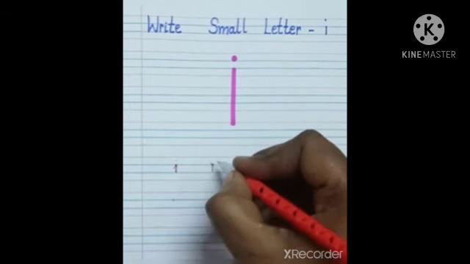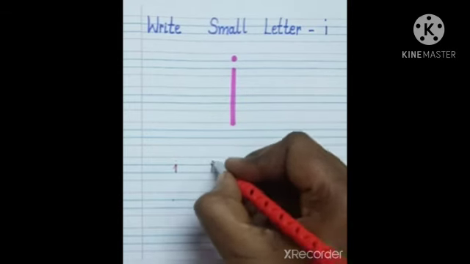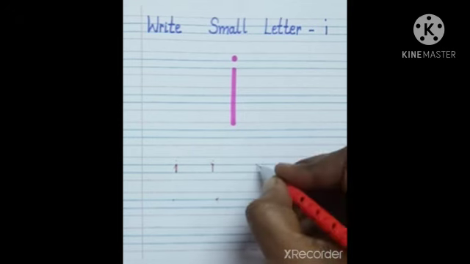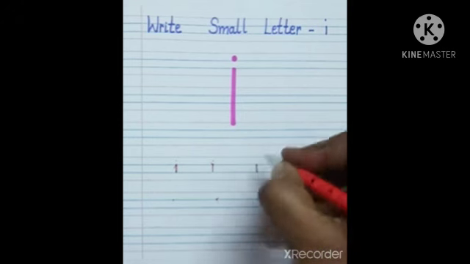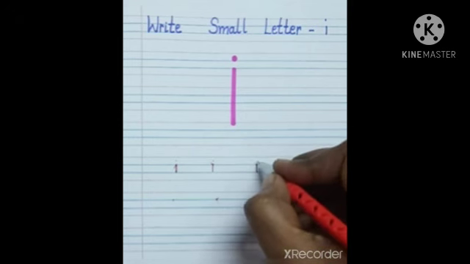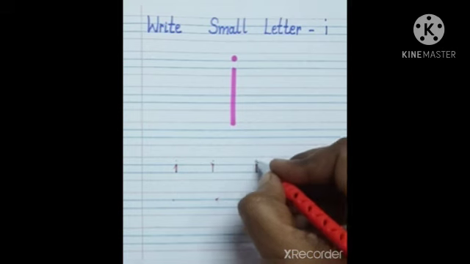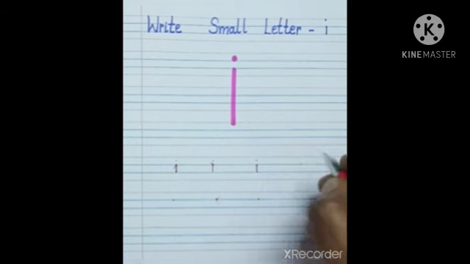Standing line and small dot to form small letter I. Standing line, small dot between top red line, first blue line.